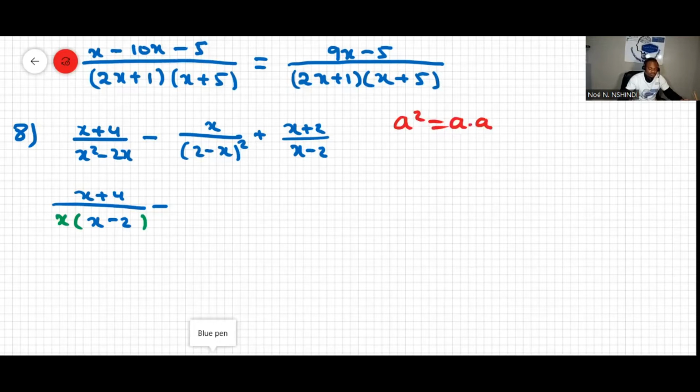Then this denominator, we're going to write like 2 minus x, 2 minus x there. We can write like that, and then plus, okay, maybe because of space, let me just extend this. Minus 2 minus x, and then 2 minus x.